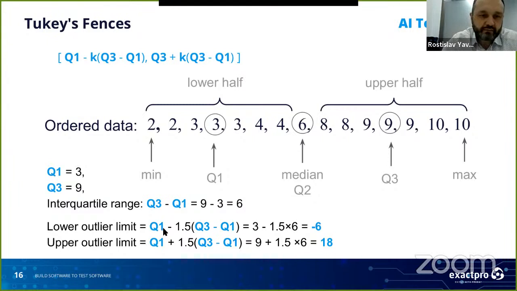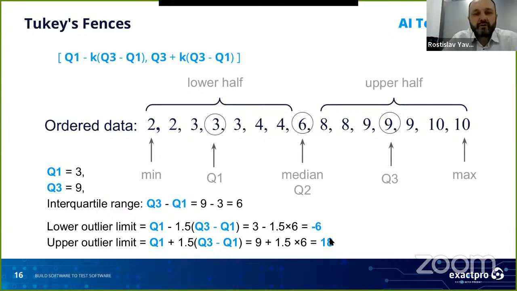Then we just take Q1 minus 1.5 times this size. So it will be 3 minus 1.5 times 6, which is 3 minus 9, so minus 6. And here you see this typo, that must be Q3 here. So Q3 plus 1.5 times 6, so it will be 9 plus 9, which is 18.